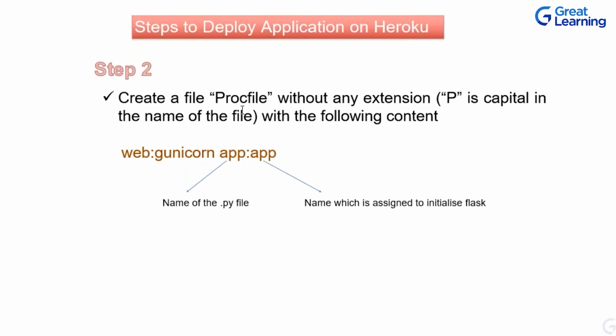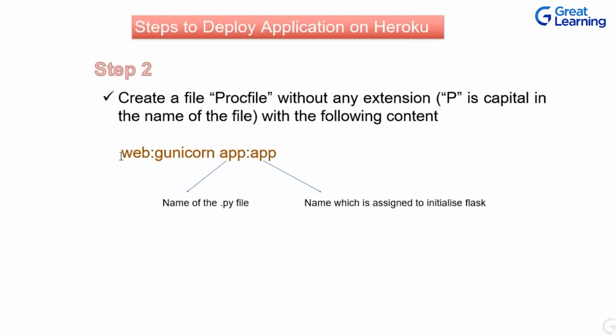What is the Proc file? The Proc file requires you to provide a command. Gunicorn is a web server. The way you have Flask, which uses WSGI, the web server gateway interface, similarly Gunicorn is a WSGI environment for Heroku.